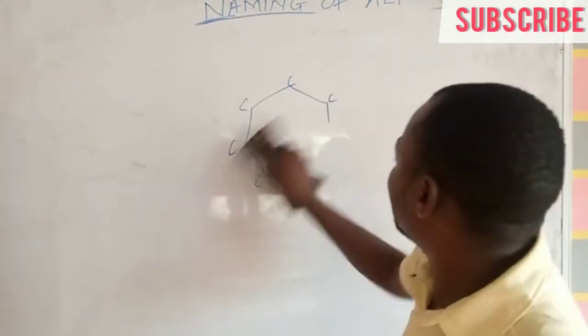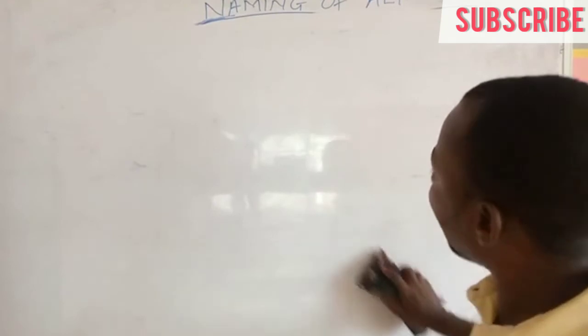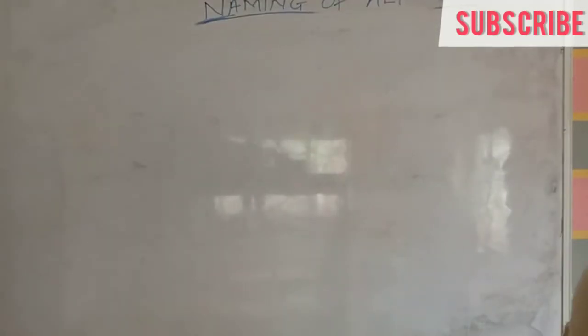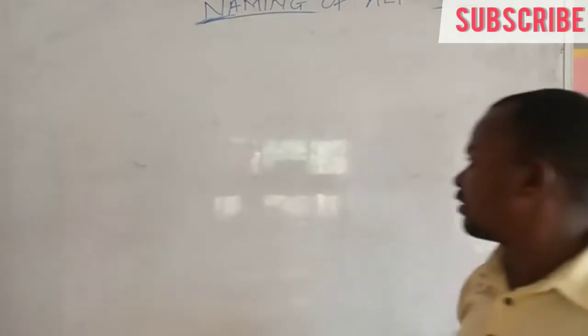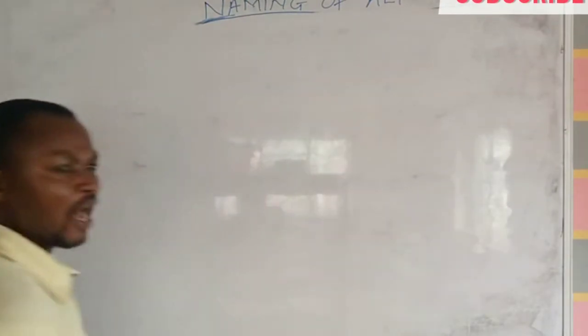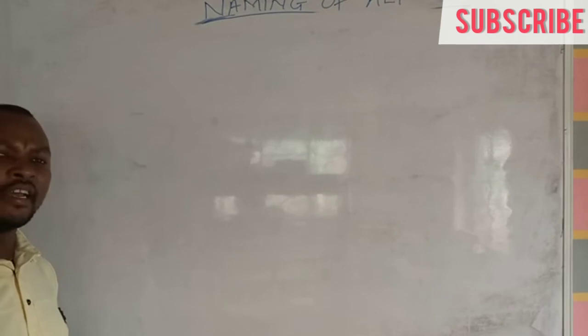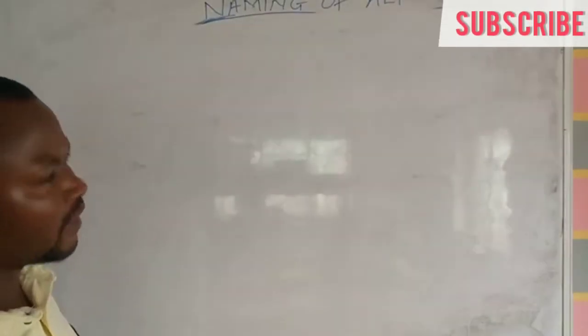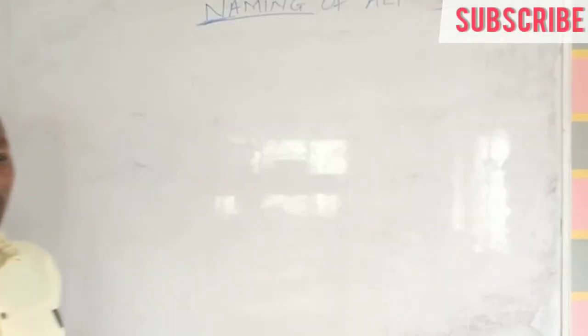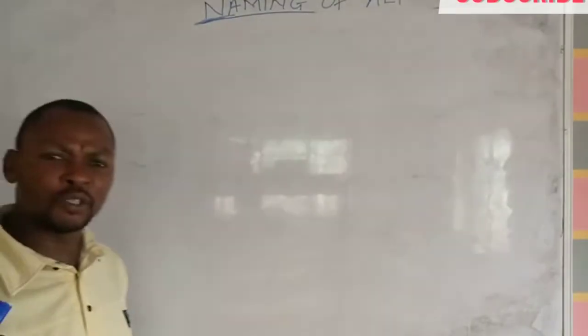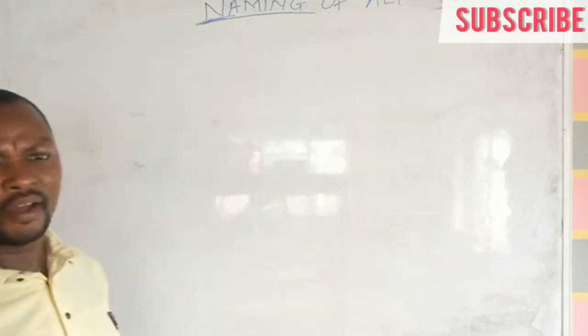So this is how we name them. But a cyclic compound can have substituents. So if they have substituents, how do we name them? When a cyclic compound of an alkane has a substituent, and it is one substituent, we don't number.